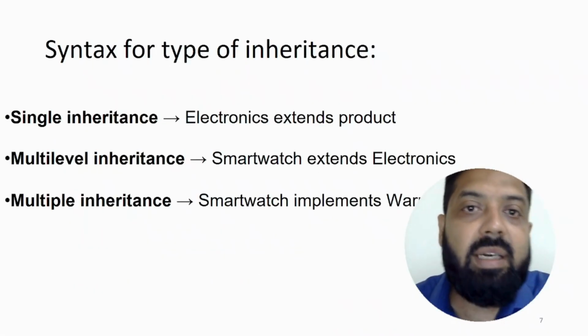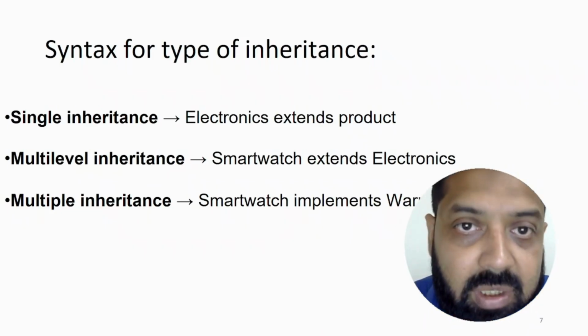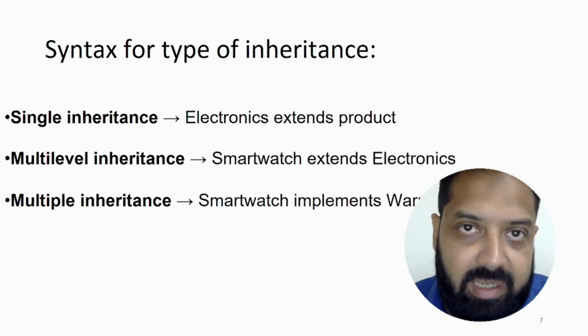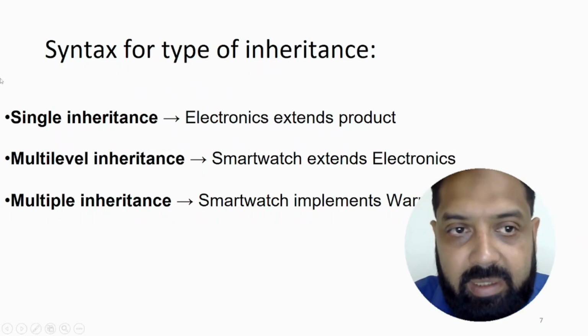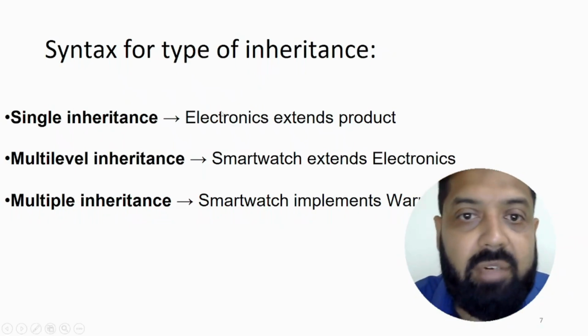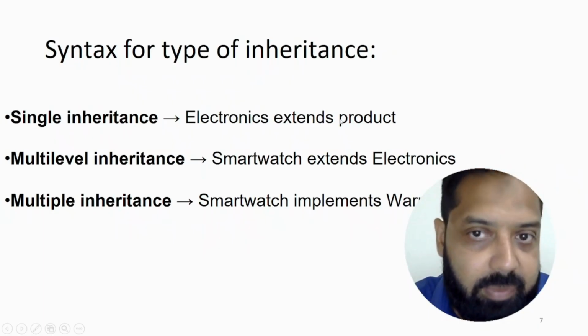One more thing, in order to conclude this lecture, this is the syntax that we have created for our application. We have created a single inheritance in which our electronic class extends our product class.